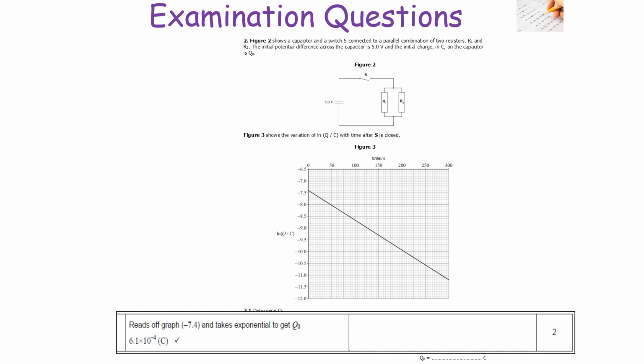So what you can then do is work backwards to work out Q0. If log Q0 is equal to minus 7.4, well then Q0 is equal to e to the power of minus 7.4. You work it through to get 6.1 times 10 to the minus 4 coulombs.